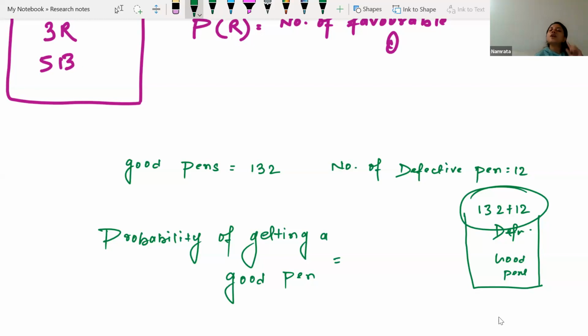So the formula which you have used in the previous class, and before the previous class also, that is the same formula: number of favorable outcomes by total number of outcomes.